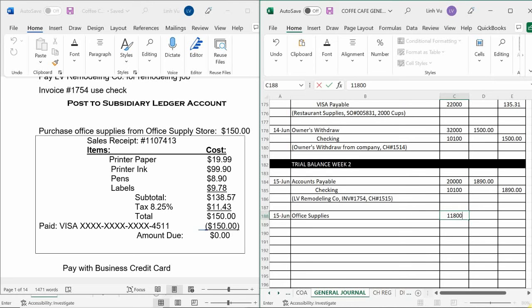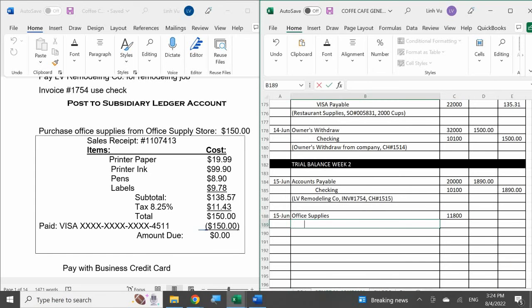Okay. And we used the Visa card to pay for it. So we need a Visa payable. What account number is that? It's 22000.